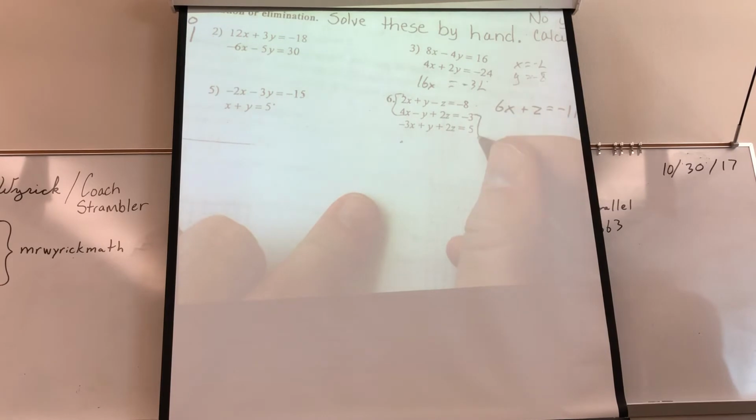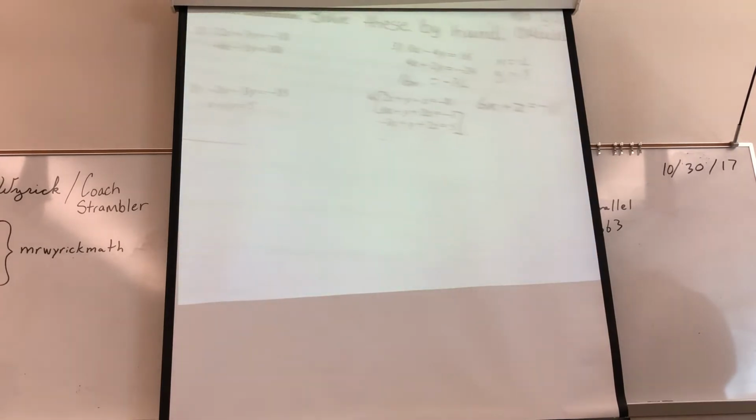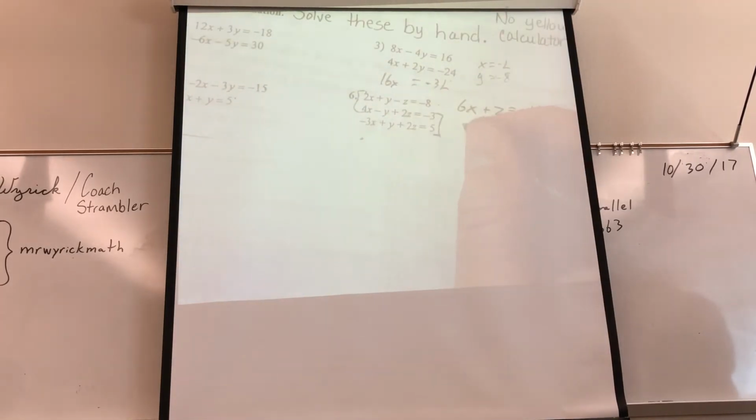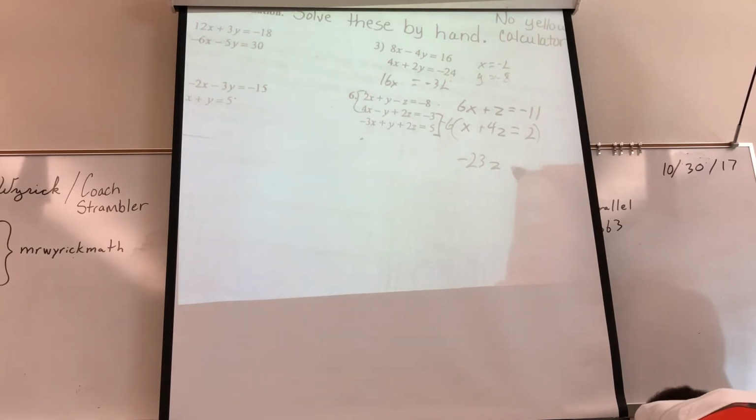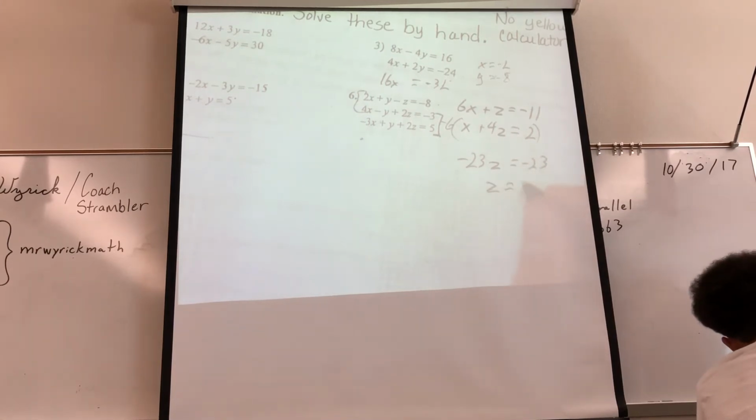If I combine the second and third equations, 4x minus 3x is a single x, y minus y is nothing, and 2z makes 4z, and that's equal to 5 minus 3, which is 2. I can easily then multiply this one by -6. That's -24 plus 1, which is -23z. -6 times 2 is -12, and -11, that makes -23. So z is going to be equal to 1.